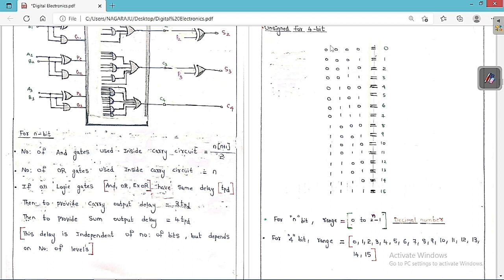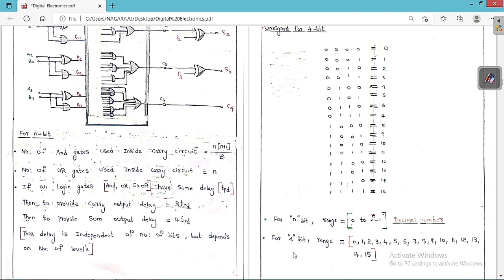So for 4-bit we can represent from 0 to 15, and 0 has only one representation. Therefore for n-bit unsigned, the range of decimal numbers it can cover is from 0 to 2 to the power of n minus 1.